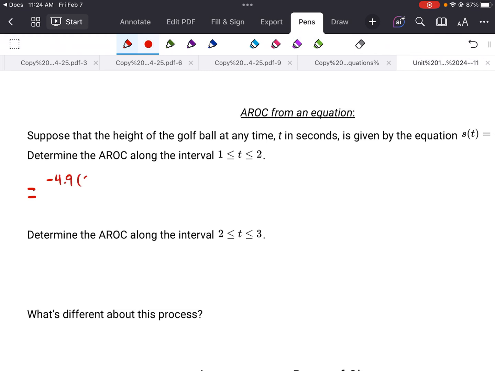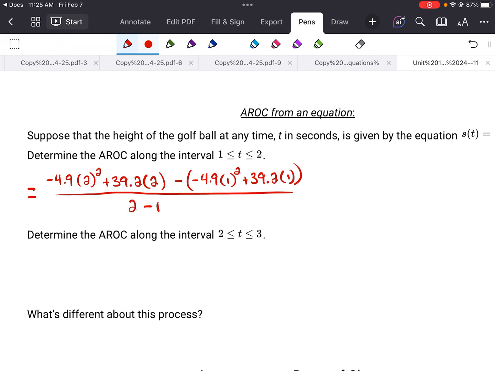So negative 4.9 times t squared plus 39.2 times t. And then we'll subtract, doing the exact same thing, but with 1 replacing the t's. And it's still over 1.